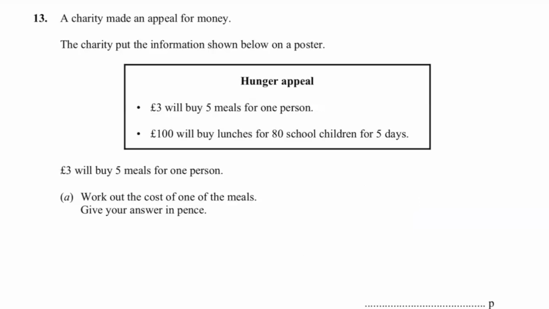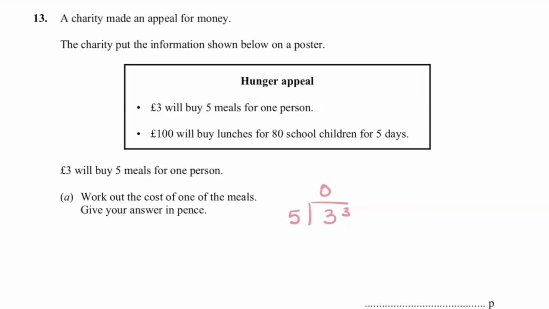Okay, so we've got some information about a hunger appeal, and we can see that £3 will buy 5 meals for one person. We've got to work out the cost of one meal. So what we need to do is take the total cost, divide it through by the 5 meals, and that will tell us what one meal costs. So 5s into 3 don't go. So we carry the 3, but there's nothing to carry it onto.